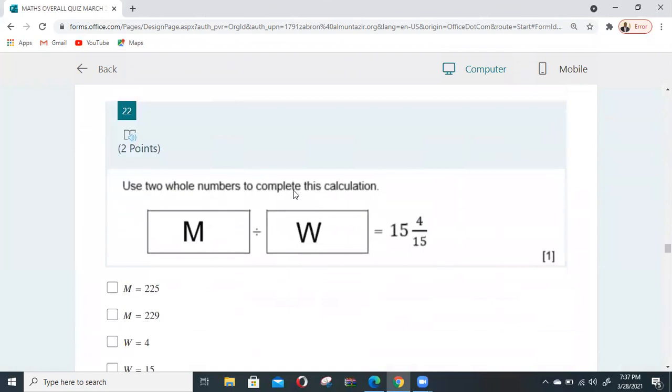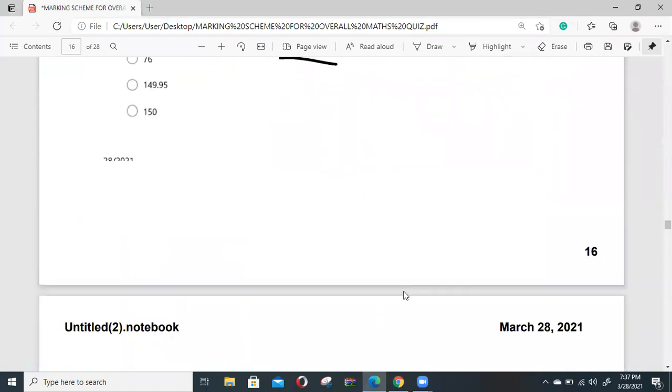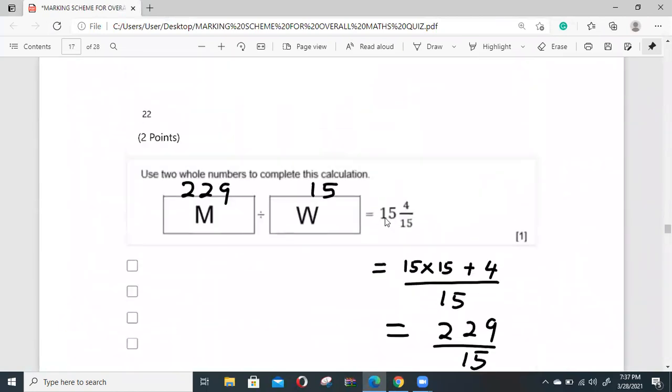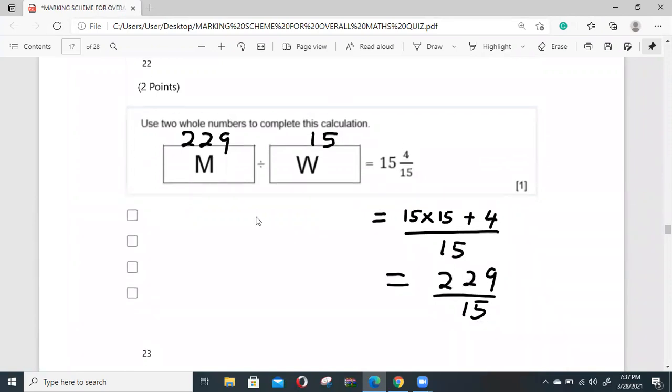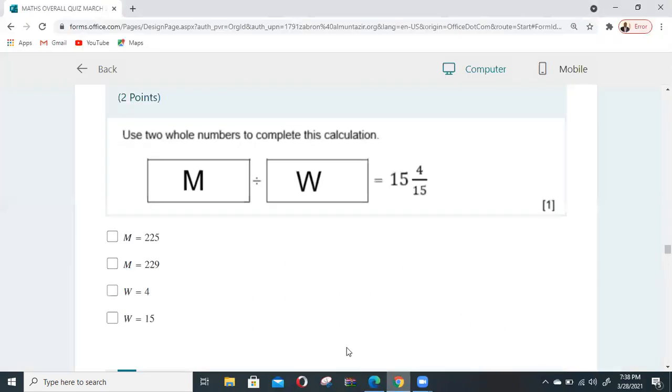And we have this question here. Use two whole numbers to complete this calculation. And I have showed you the working for that. This is the way how we do. We change the mixed numbers into improper, and then you get that M will be 229 and W will be 15. So go ahead and choosing the answers, okay?